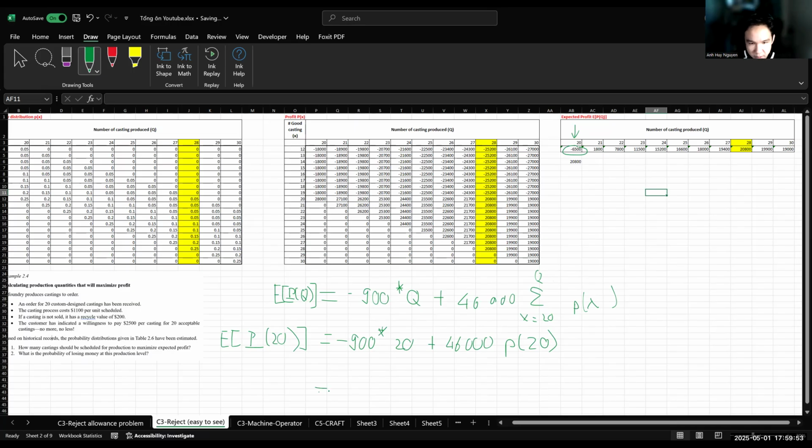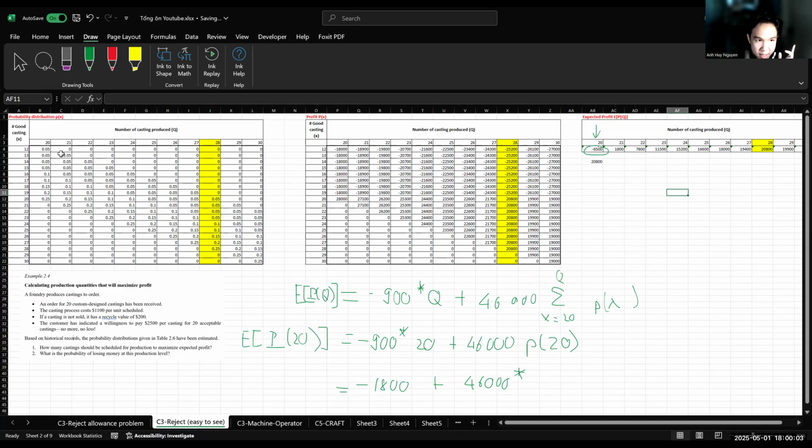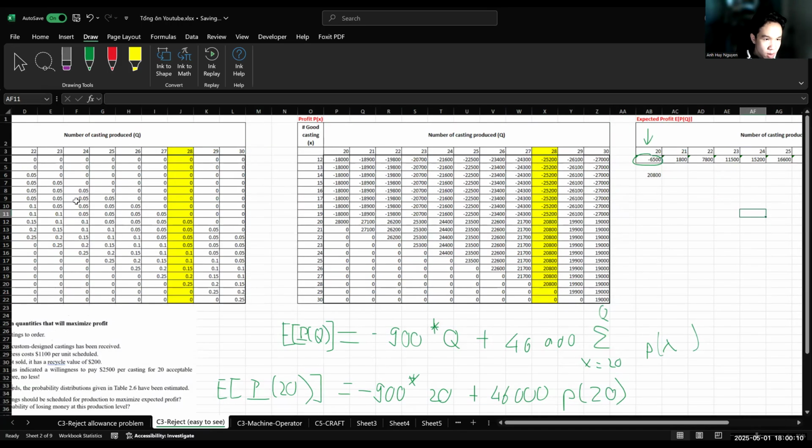You will have minus 1,800, 46,000 multiplied by Q is 20, and PX is also 20. We look at this probability table.